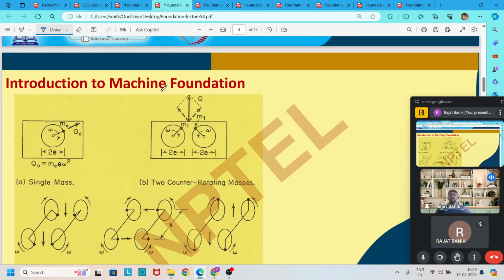Now there is a representation of the rotating mass system in a foundation system.